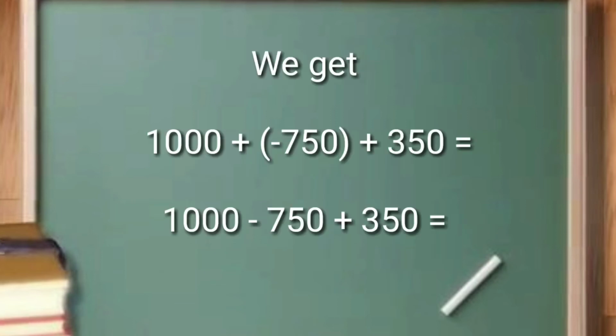We get 1,000 plus negative 750 plus 350, and 1,000 minus 750 plus 350 equals 600. My father now has 600 pesos left in his e-wallet.